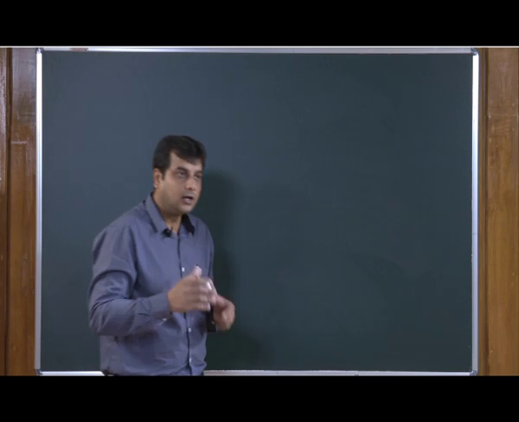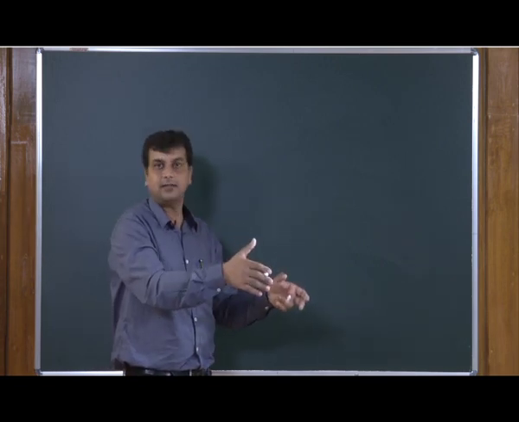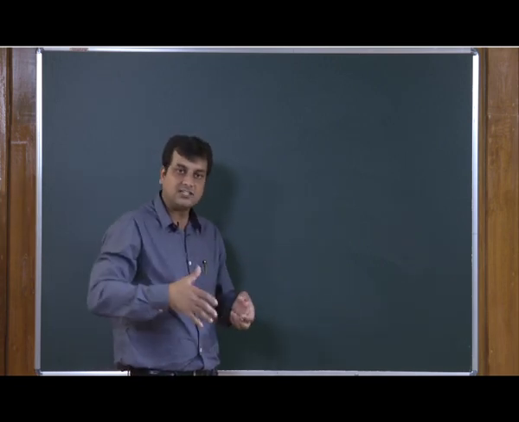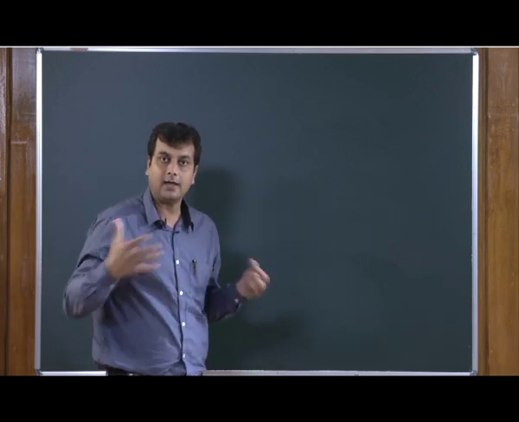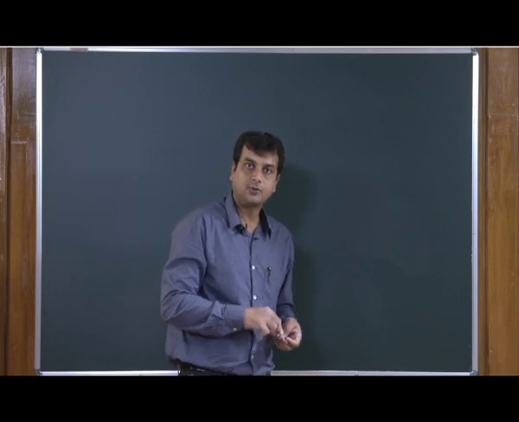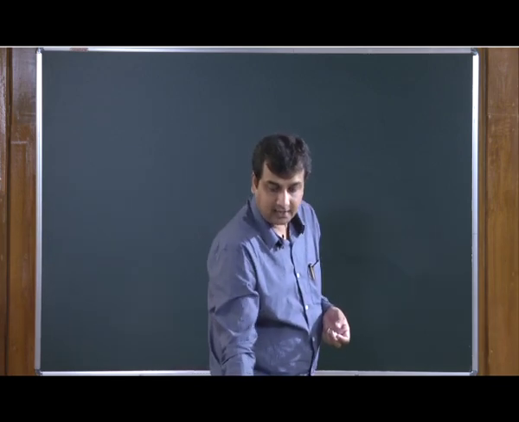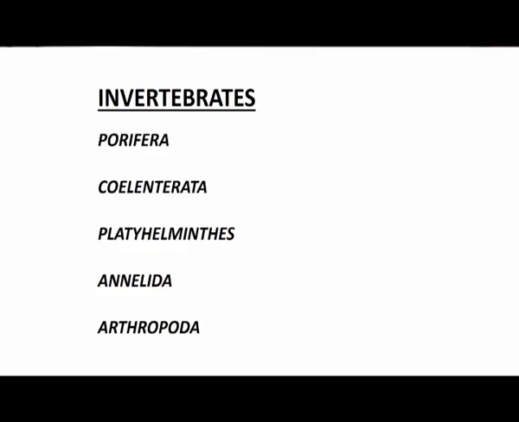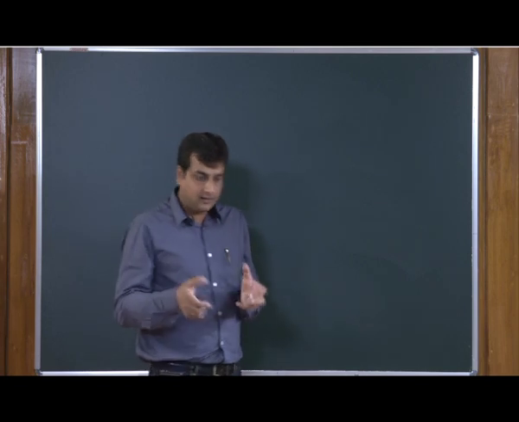organisms. If we start digging back into the evolutionary history, there is no such sophisticated organ system in lower invertebrates. Invertebrates stands for individuals which do not have a backbone.